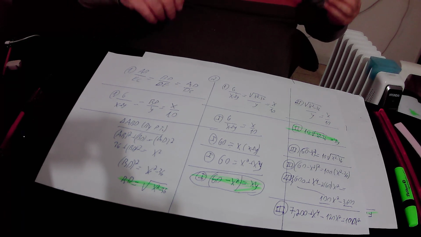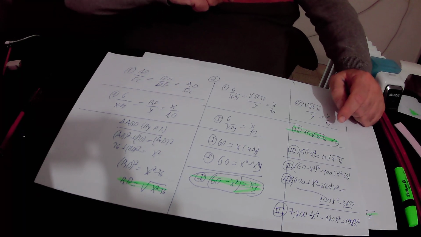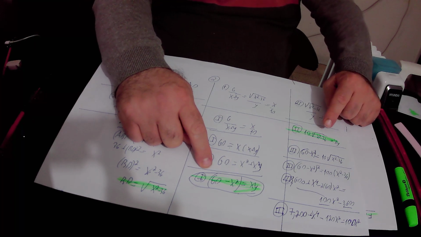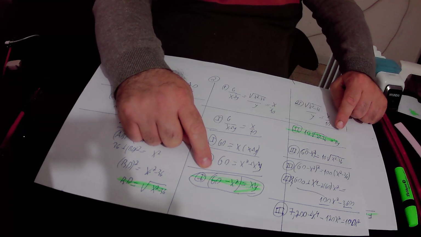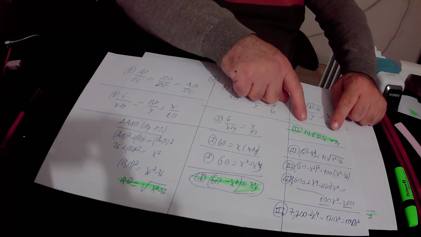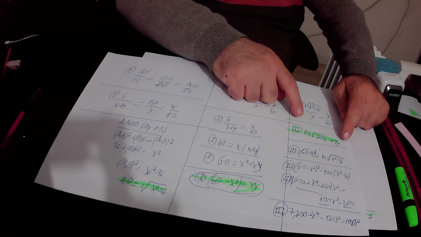Then we created equation number 3, which states that xy according to equation number 1 must be equal to xy according to equation number 2. xy according to equation number 1 is 60 minus x squared, and it must be equal to xy according to equation number 2, that is x times the square root of x squared minus 36.